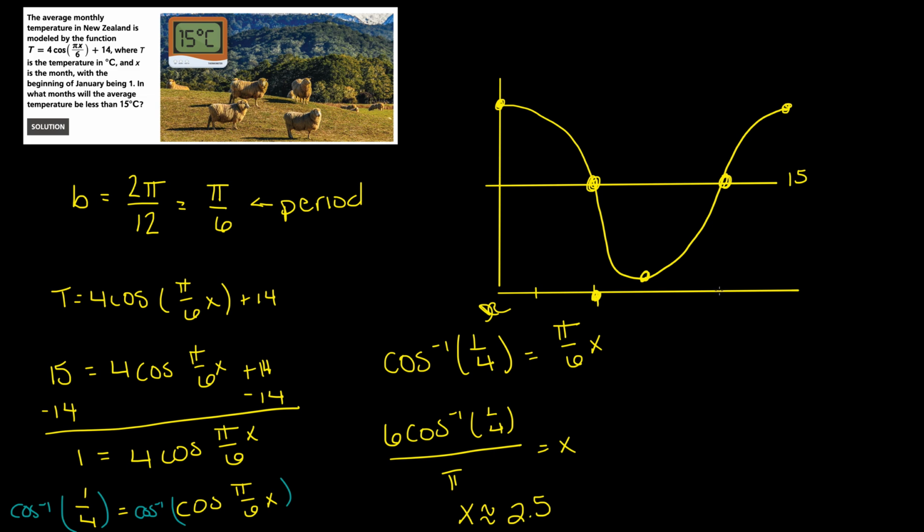And then again over here on this edge, we're 2.5 months from the 12th month. So approximately 12, 11, 10, and then a half would be 9.5 months here. So at month 2.5 and month 9.5, we hit 15.